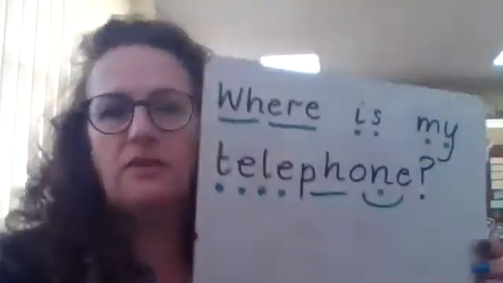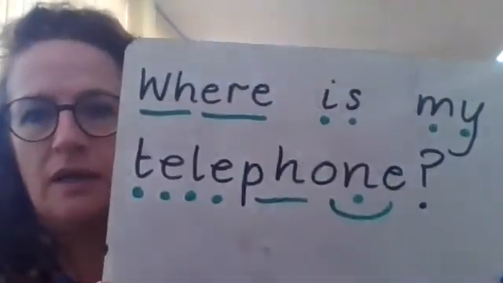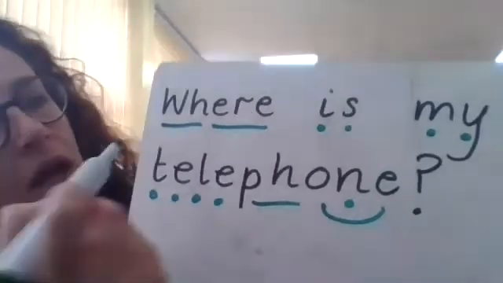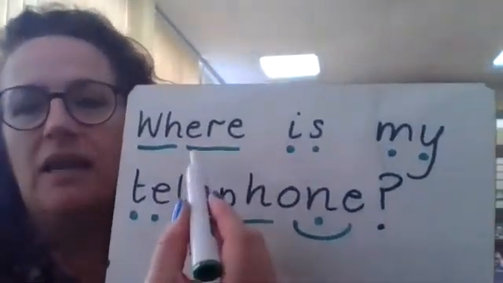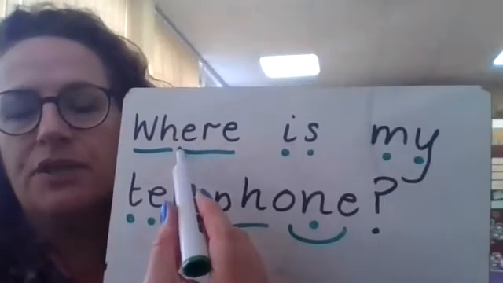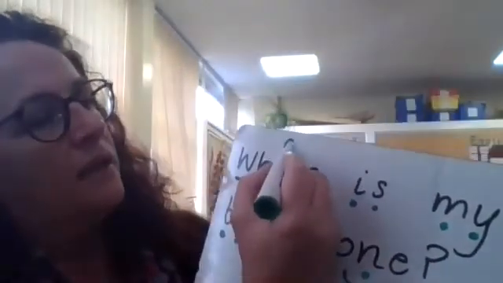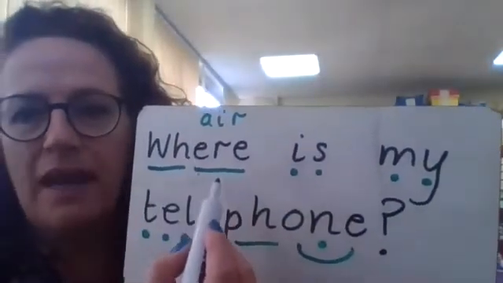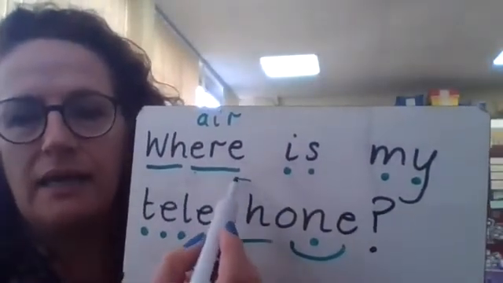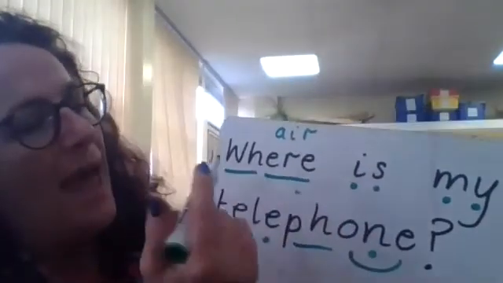Okay, let's have a look. So here we go. So air. Now our air sound, we haven't learnt this as a sound yet, but sometimes the air sound is made with an E-R-E. So where.